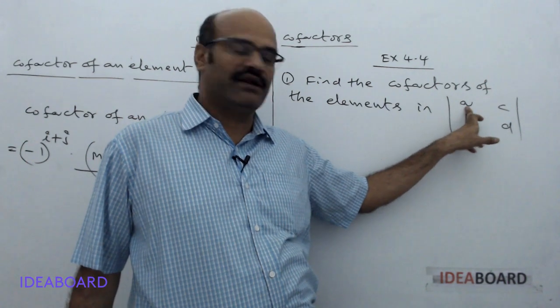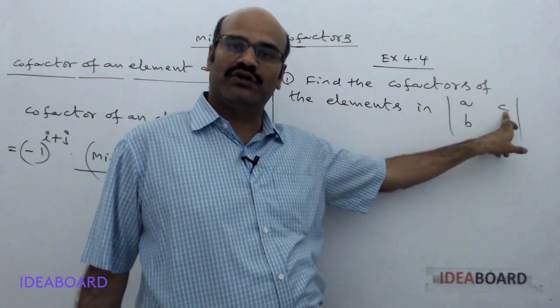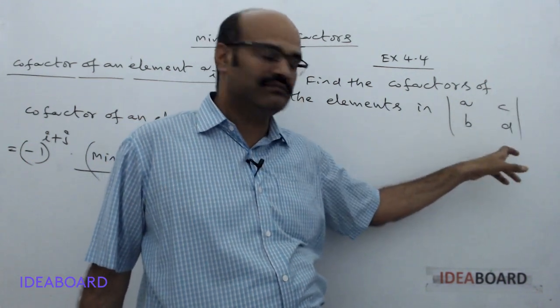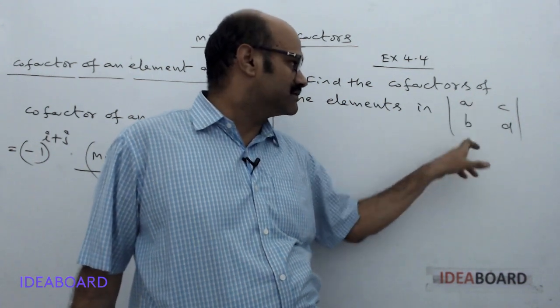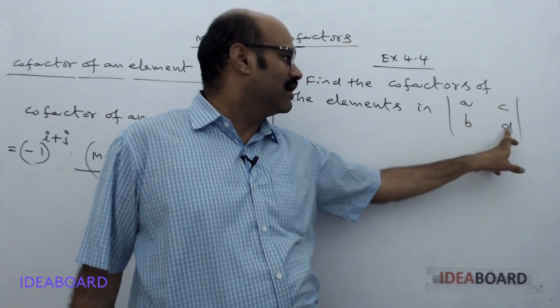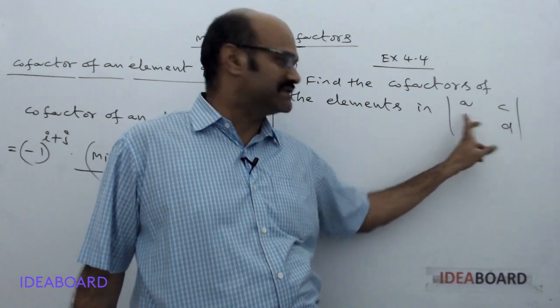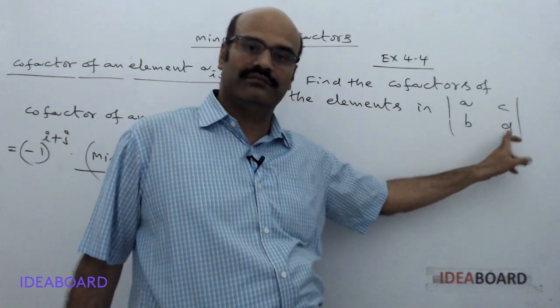It is A12, first row and second column. Here this is A21, second row and first column, and here it is A22, second row and second column.